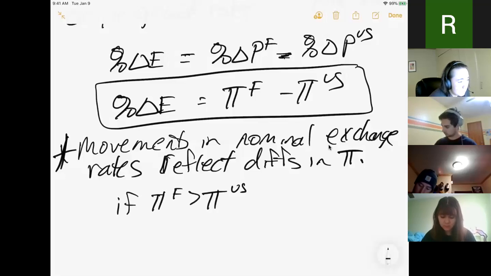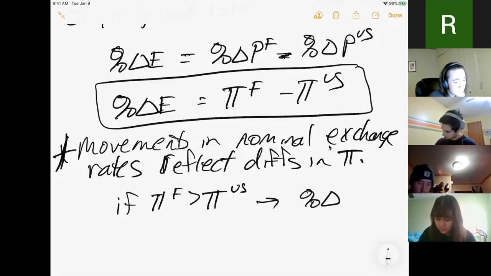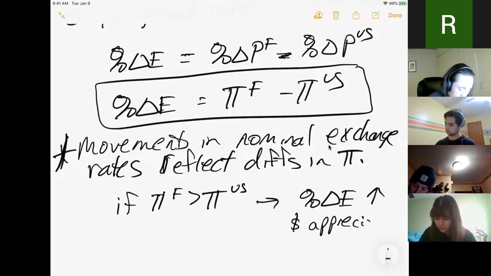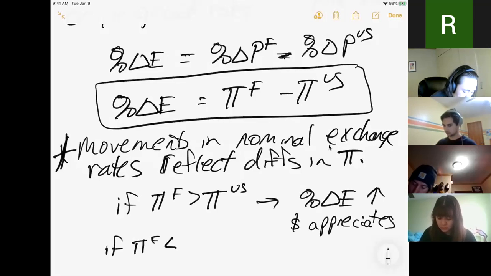If a country has inflation that's greater than the US, what's going to be true? The dollar exchange rate will go up. In other words, the dollar appreciates. And what happens if a country has inflation that's lower than the US?